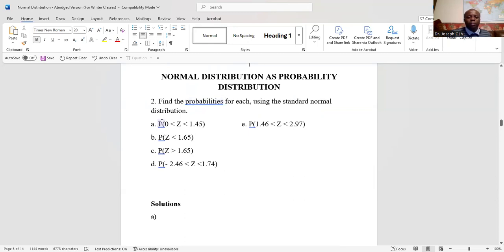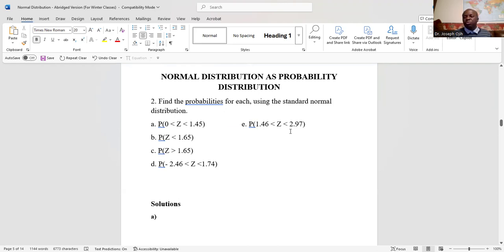I can say P 0 less than Z less than 1.45. What this means is to find the probability between 0 and 1.45. This one says P 1.46 less than Z less than 2.97, which means find the probability between 1.46 and 2.97. That's what it means. They mean the same thing.